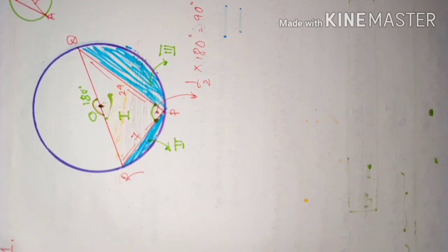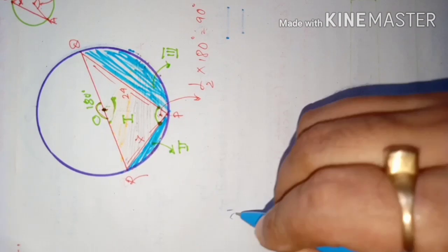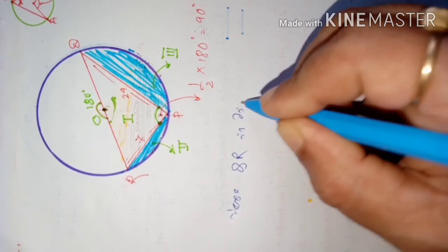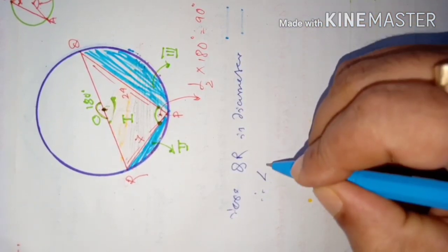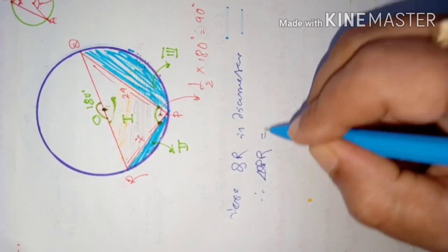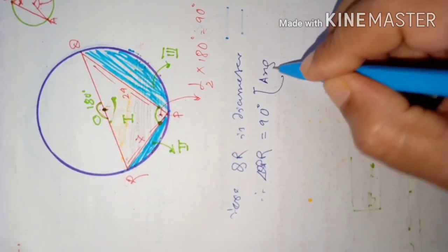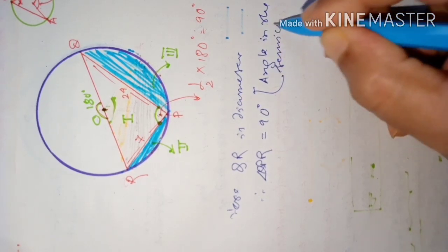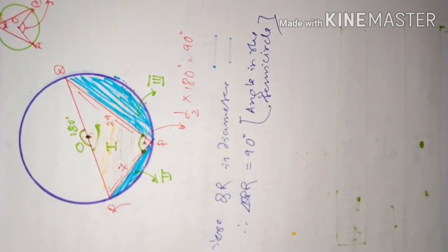Here we'll write that QR is diameter, therefore angle QPR is equal to 90 degrees, because angle in the semicircle, okay, angle in the semicircle, you can say like this.